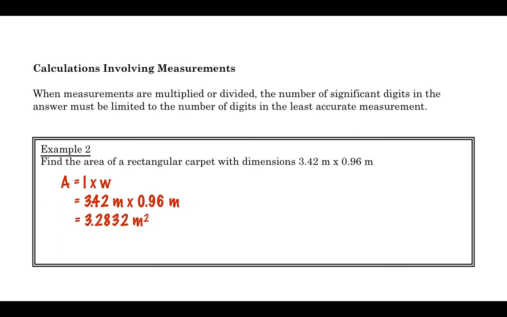The answer that our calculator will give us is a really long decimal answer. Of course, we know that this is way more accurate than either of the 2 measurements that we were given in the first place. So we need to round this off. I've got 3 sig figs here, I've got 2 sig figs here, so I need to cut this off.